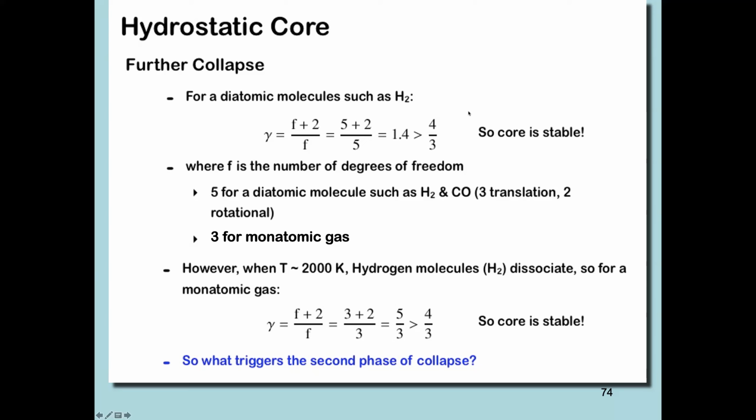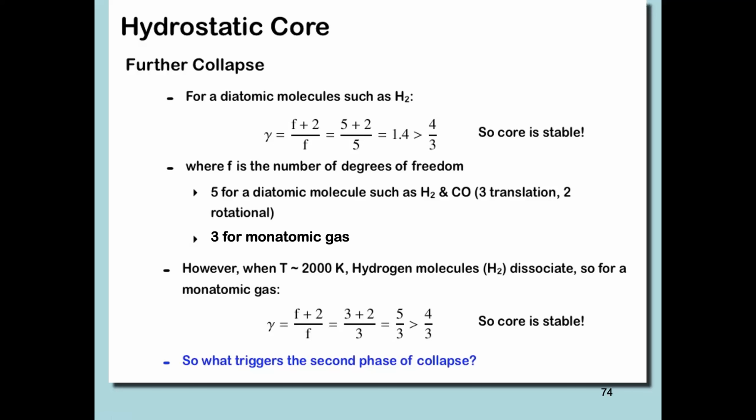So if H2 remains H2, you have a stable core. If you get to the atomic phase, which is the case because you reach a temperature above, say, 2000 Kelvin, then you have to change your f to 3 instead of 5, and you get 5/3. This is still larger than 4/3. So in principle, this is not what is triggering this extra collapse.